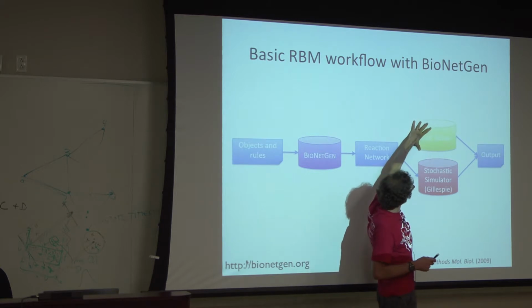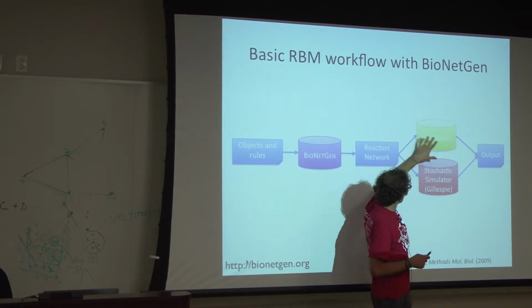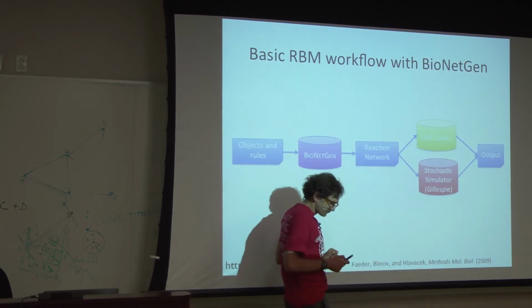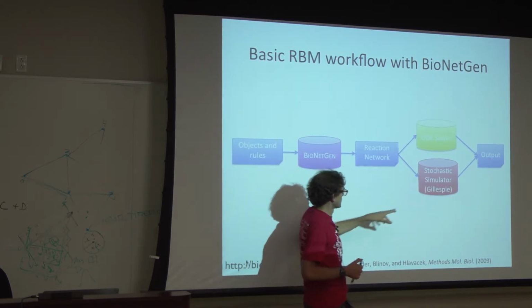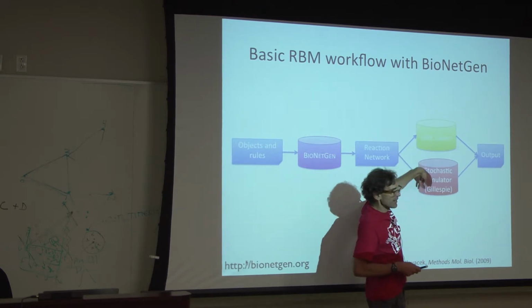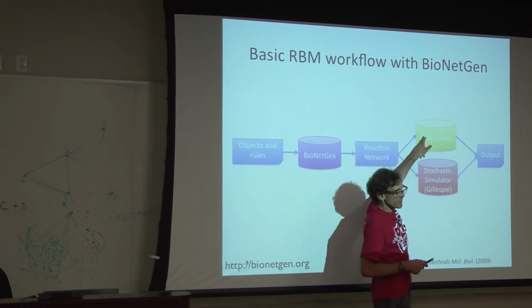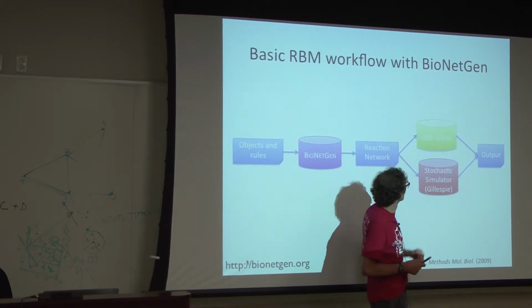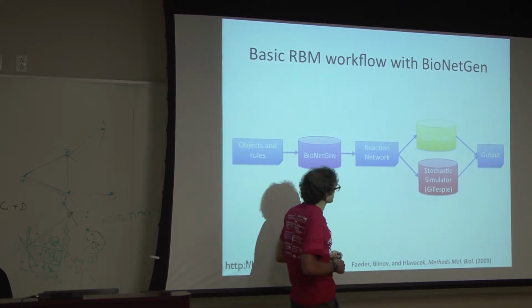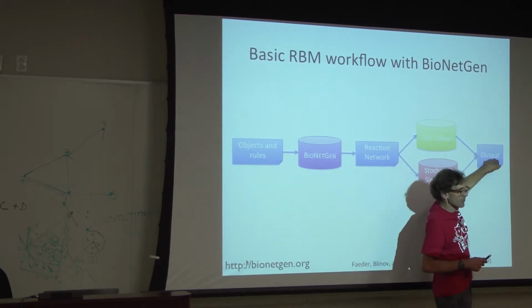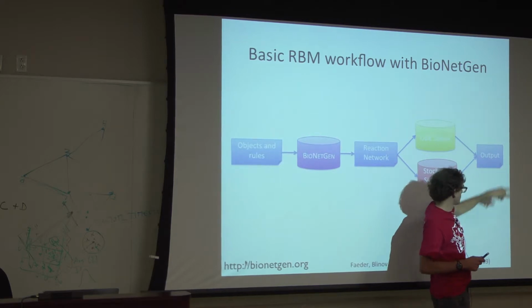That simulator could be basically an ODE solver, or it could be a stochastic simulation algorithm of some sort, such as the Gillespie algorithm. In either case, you're going to get the time course, the concentrations as a function of time, either in the discrete limit for stochastics or in the continuum limit for differential equations, or maybe you have some hybrid simulator that's something in between. And then you get the time courses of all the different species in the system as a function.